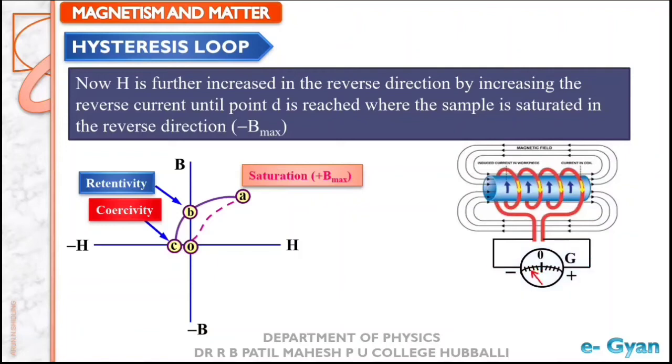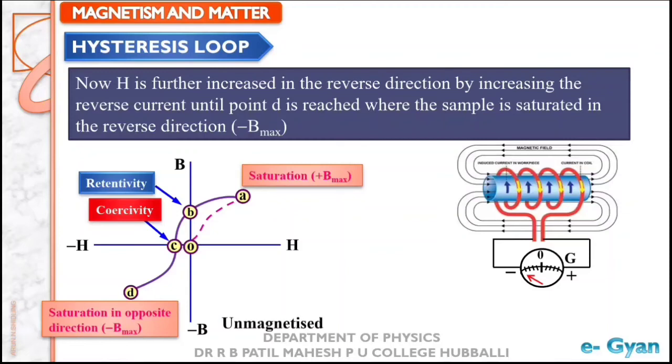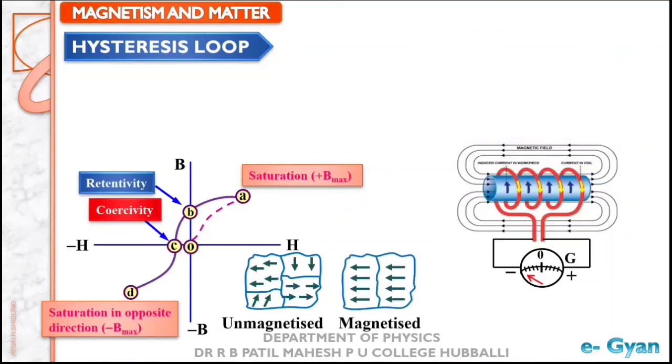So we get the point D, and that is the saturation point but in the reverse direction. So here the point C is the unmagnetized point. From there, when we increase the current in the negative direction, we get a magnetized state, but this time the orientation or alignment of the domains is in the reverse direction to that of previous.